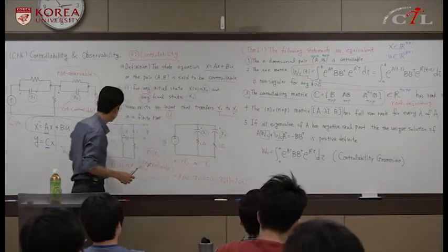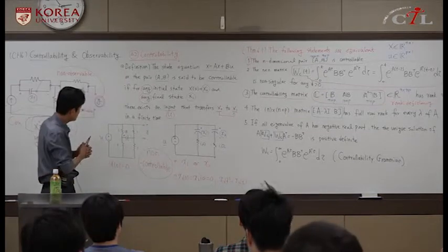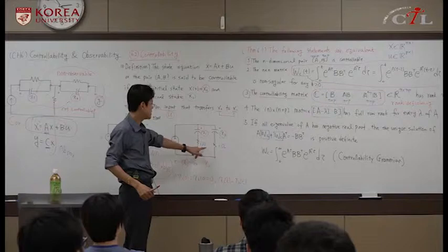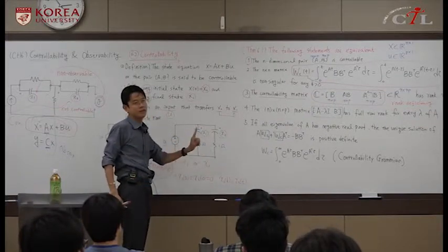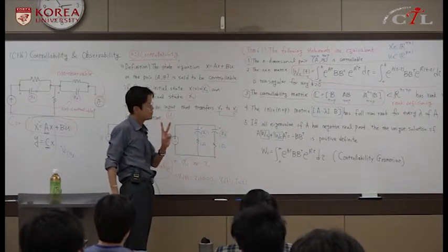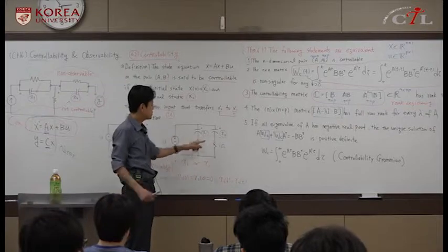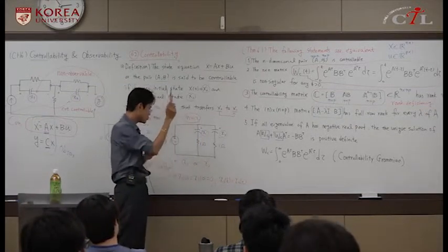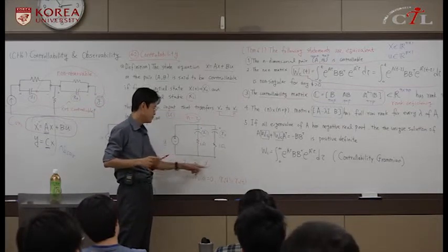So in this circuit, its controllability rank might be 1, not 2. There are 2 states, so n is 2. Here, we are able to control either one of them.